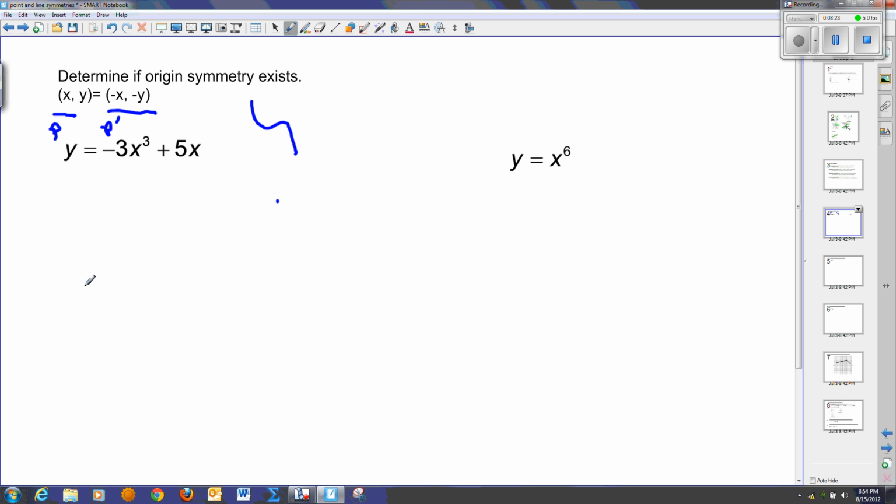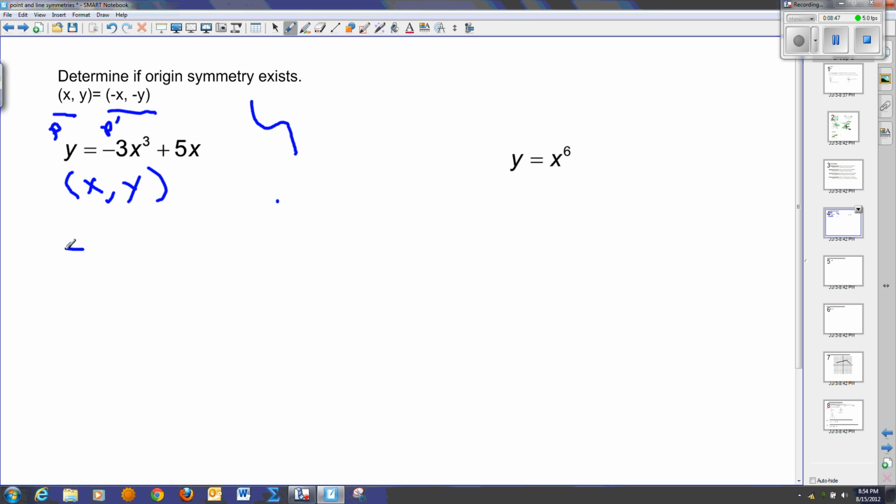All right? So this equation represents basically x being x and y being y. Now, if I want to show this is origin symmetric, I have to substitute negative x for x in my equation and negative y for y in my equation and show that I get the same result. So I'm going to do that.